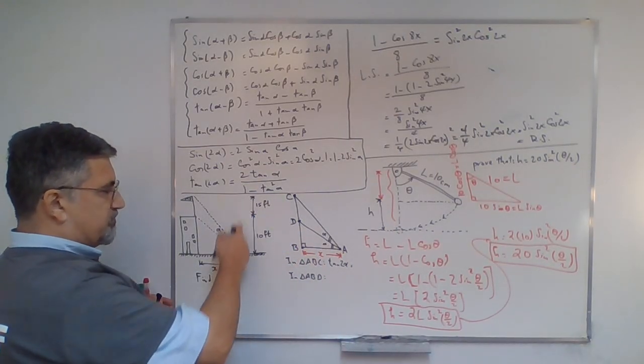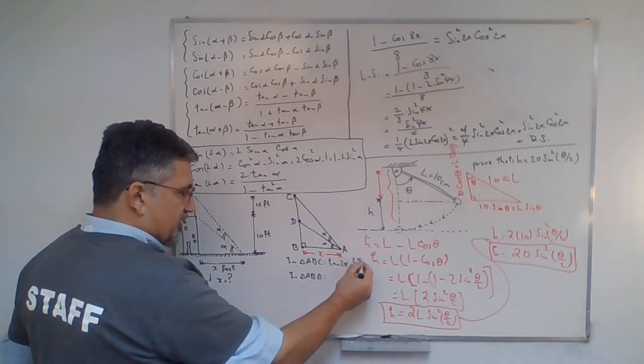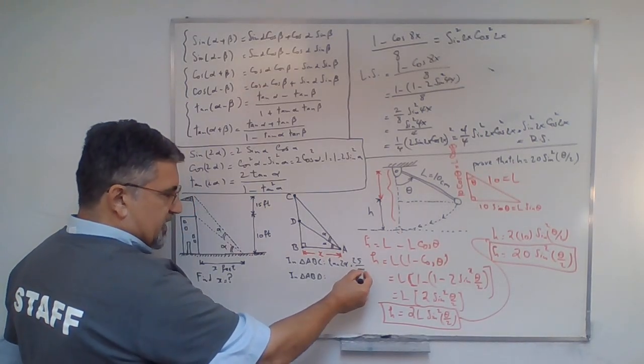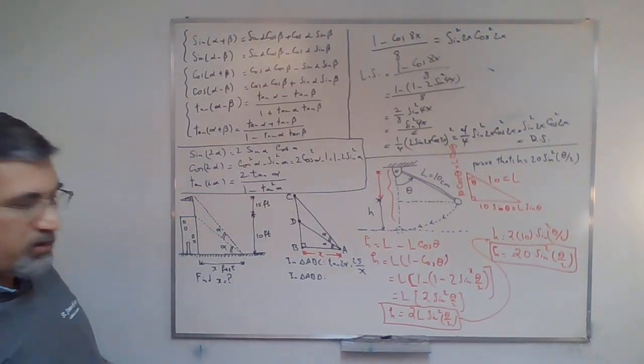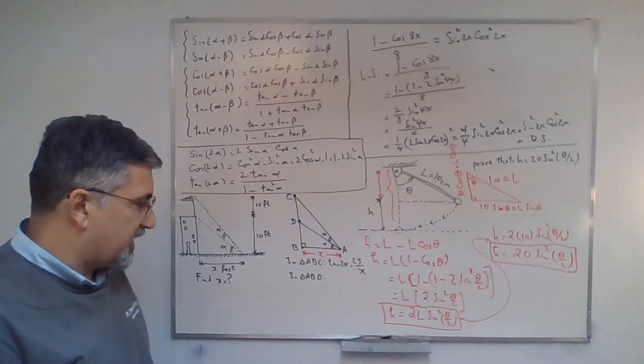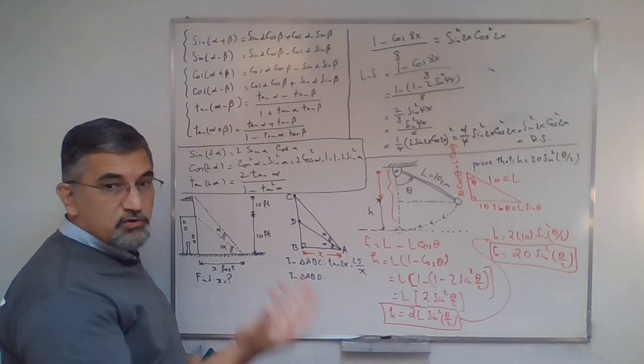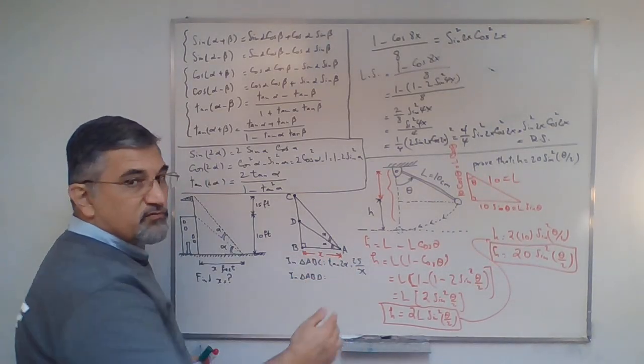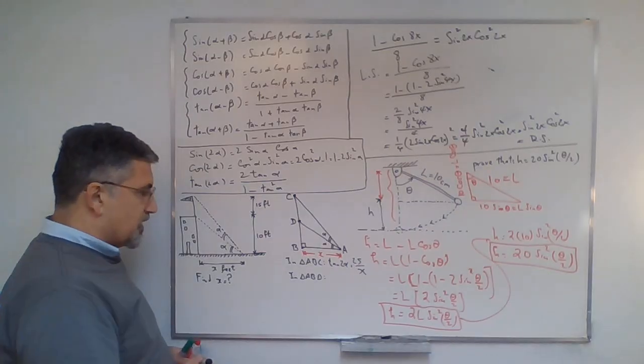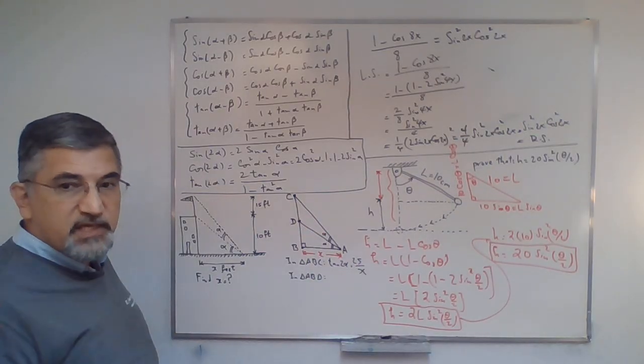The opposite side would be 10 plus 15, which is 25, over the adjacent side, which is X. So I have one equation, two unknowns, nobody can solve that. Tangent of 2 alpha, we don't know what alpha is, equals 25 over X, we don't know what X is. So this is one equation. I need a second equation.